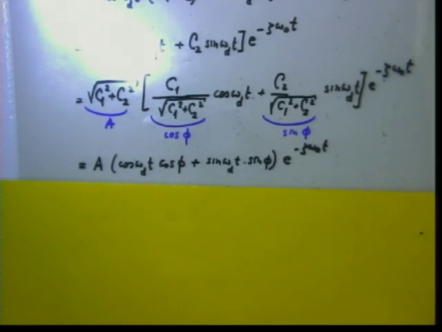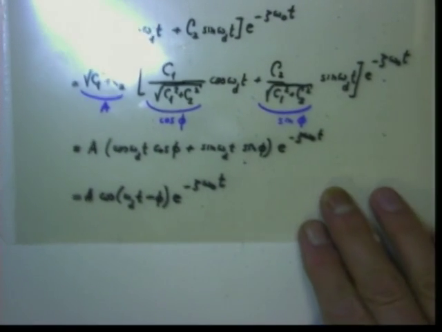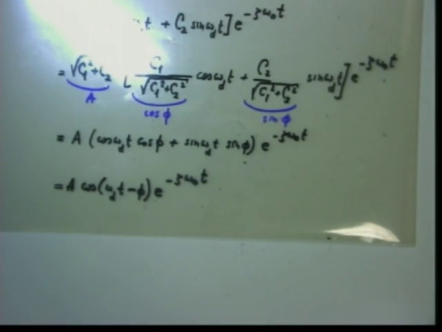Omega sub 0. So now this is a product of cosines plus product of sines, so therefore it is cosine of the difference, according to the cosine formula. So then it is A, capital A, cosine of omega dt minus phi, e in power minus zeta omega 0 t.